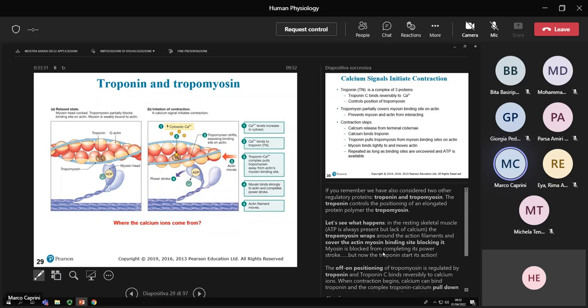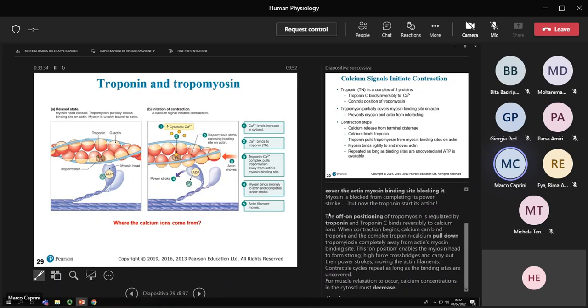When the contraction begins, calcium binds to troponin, and the troponin calcium complex pulls the tropomyosin completely away from the actin myosin binding sites. So this on position, calcium dependent, enables the myosin head to form strong high force cross bridges and carry out their power stroke, moving the actin filament to the middle of the sarcomere.